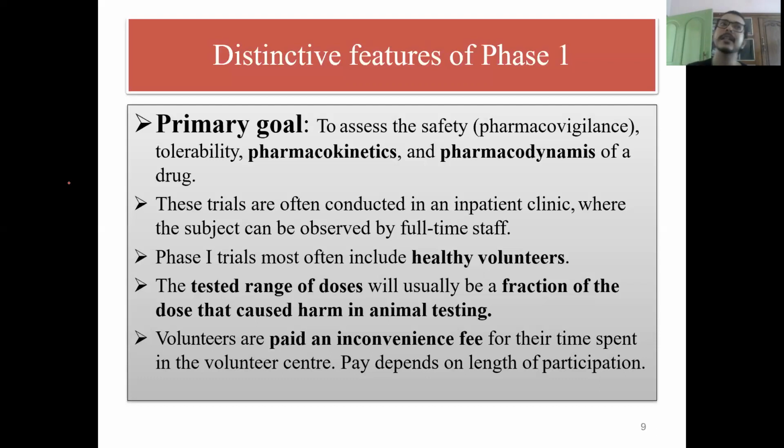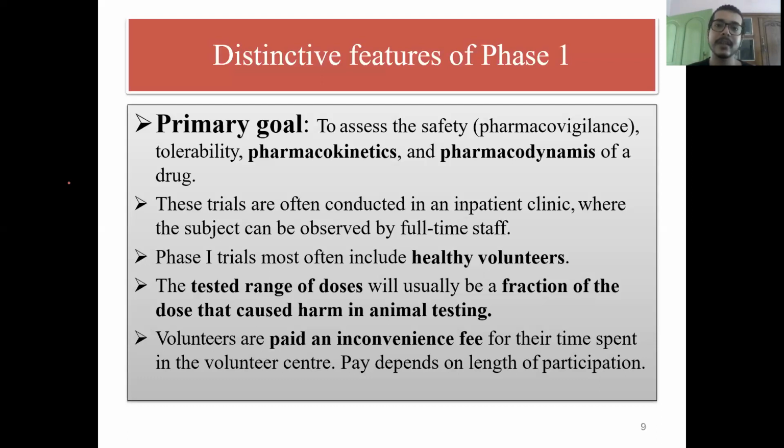So in the clinical trial, one very important terminology is informed consent. Informed consent means, suppose you are a volunteer and I am the researcher. I'll be giving a paper to you where all the details of the research will be written, and it will also be written what is going to happen to you, what kind of medication I'll be giving you, and why I am choosing you.